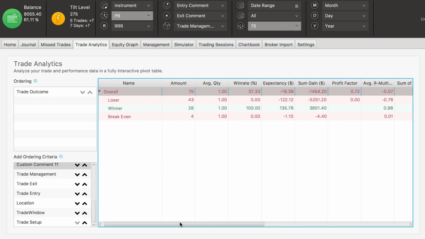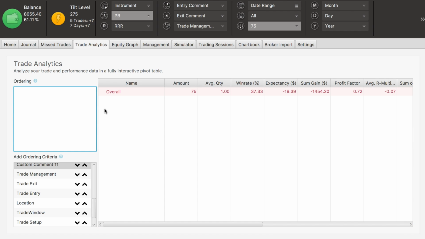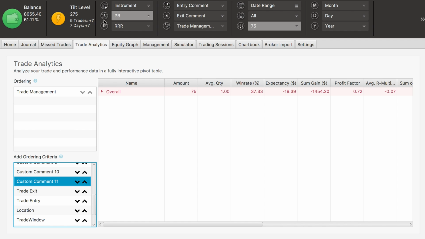Then, as we have seen, the trade management graph shows that there are quite a few problems with his trade management. So let's take a look here at his trade management comments. For every trade, the trader assigned a comment describing his trade management, and we can analyze that here as well. We want to look for all the recent trades, so we will deselect this filter.